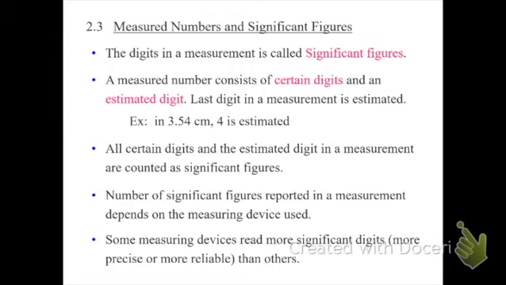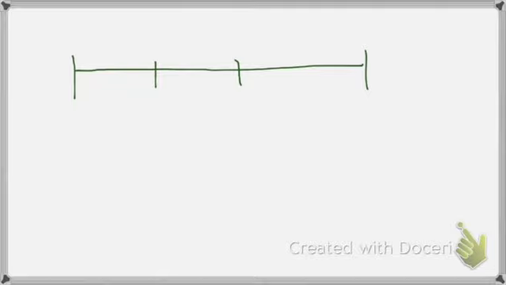I'm going to draw, suppose this is a ruler, and we have this graduation. So assuming they are equal, so we have 0, 1, 2, 3, 4.